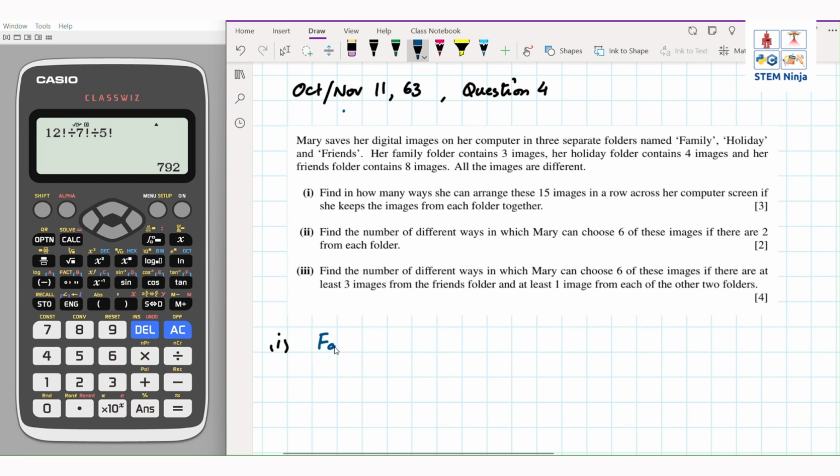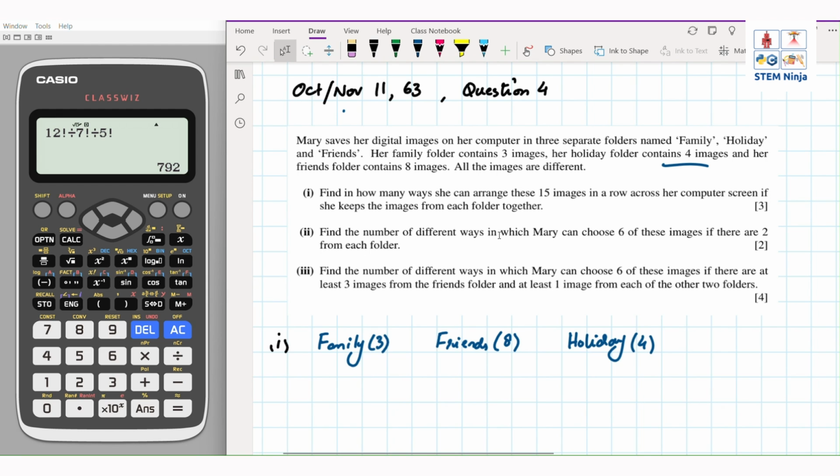So family has 3 images, friends folder has 8 images, and holiday has 4 images. Okay.